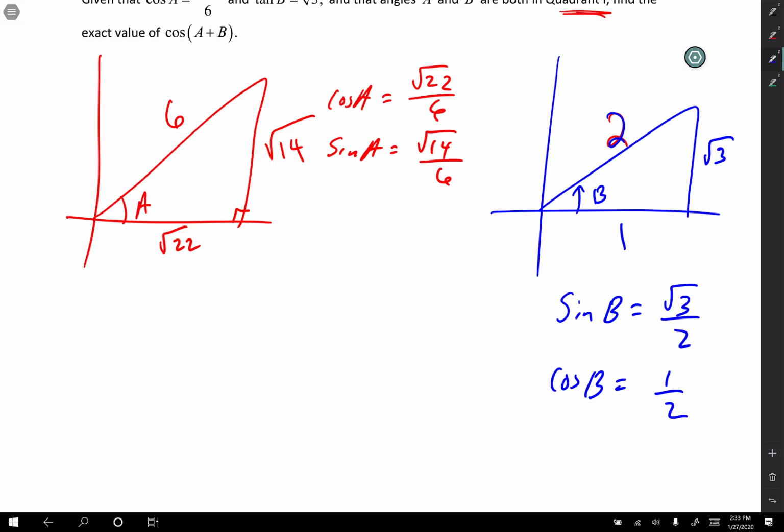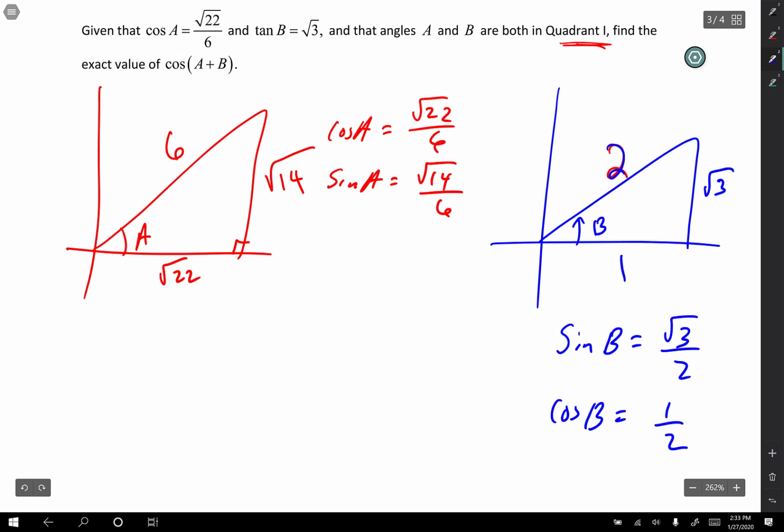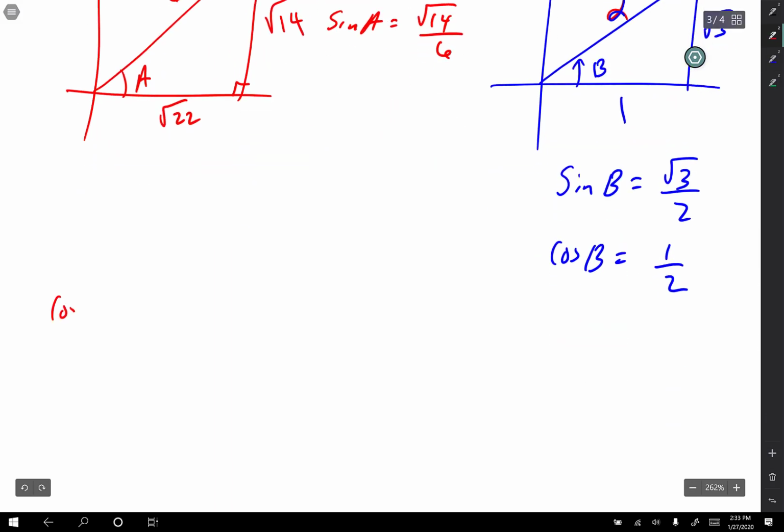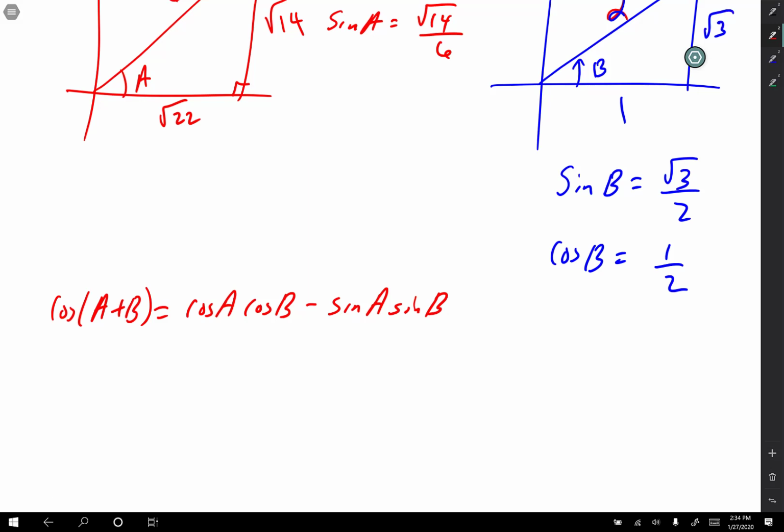All right. So now, I want to know what cosine A plus B is. So I'm going to write it over here. Cosine A plus B is cosine A cosine B minus sine A sine B. All right, here we go.